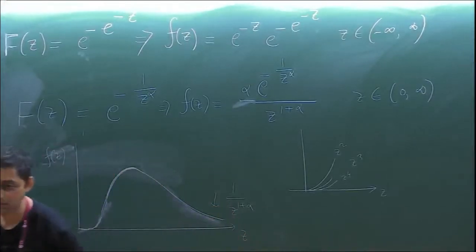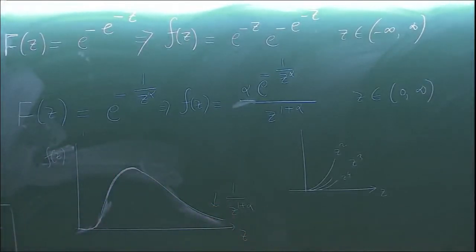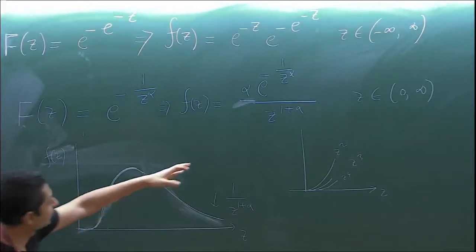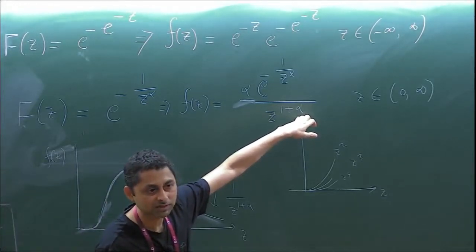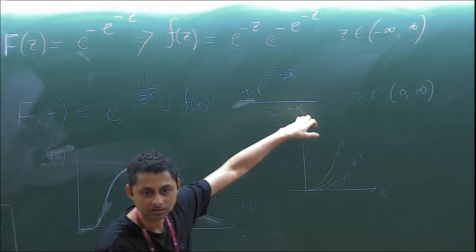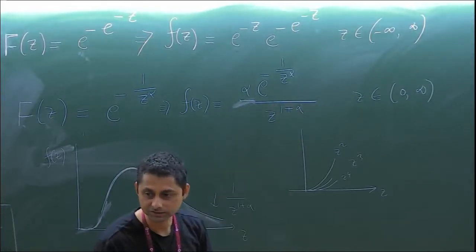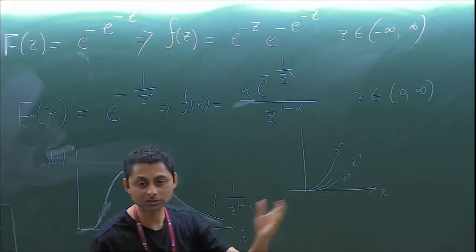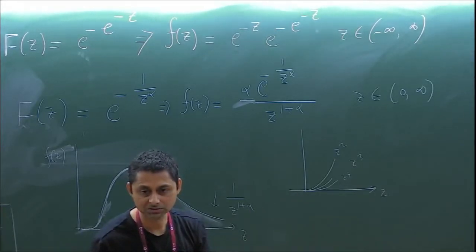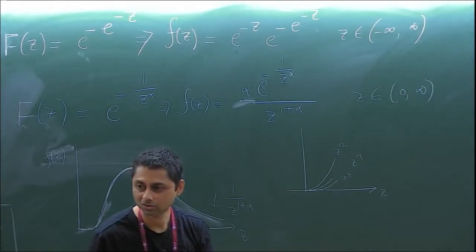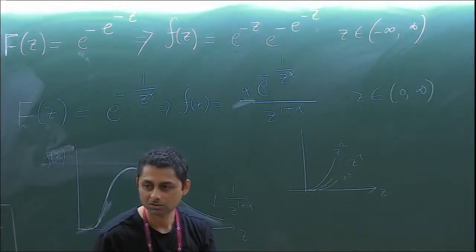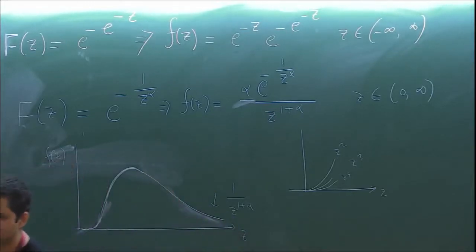Can you guess why? In the case of the sum, if you have a power law with alpha greater than 2, the limiting distribution of the sum is still Gaussian, right? Because the variance still exists. But here it goes to a different class. Why is it so? Alpha greater than 2.